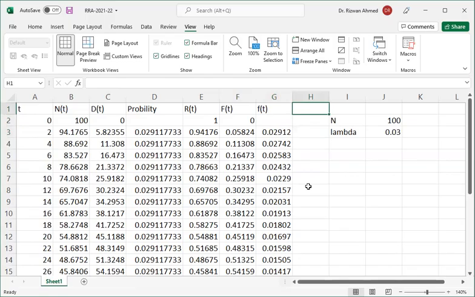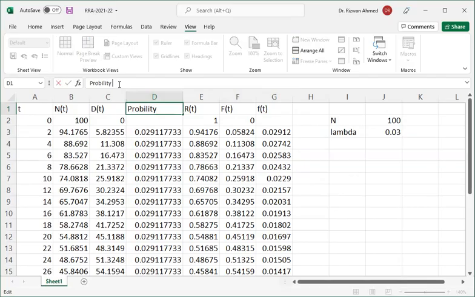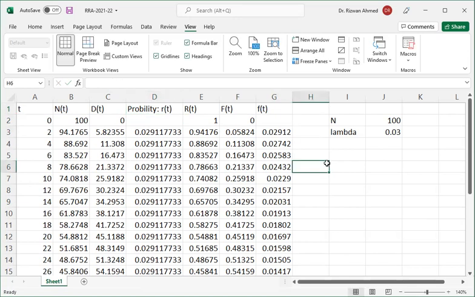And the lambda is also known as r of t, the failure rate function, that we have already computed in the column of probability. So this is known as the lambda function or function r of t. This is known as the r of t function in reliability, right? For reliability, we define these four characteristic functions, right?